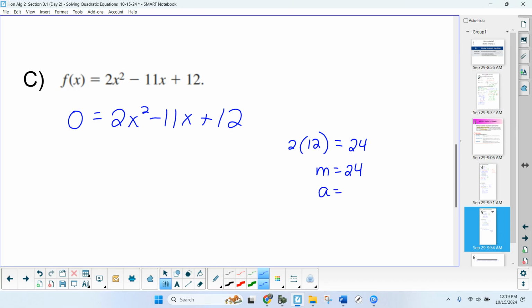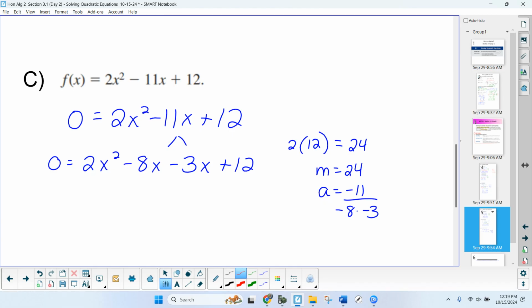And then add to equal negative 11, which would be negative 8 and negative 3. Okay, so how'd you break this up? So I did 2x squared minus 8x, and then negative 3x. Good. If you flip-flop those, we'll get the same answer.